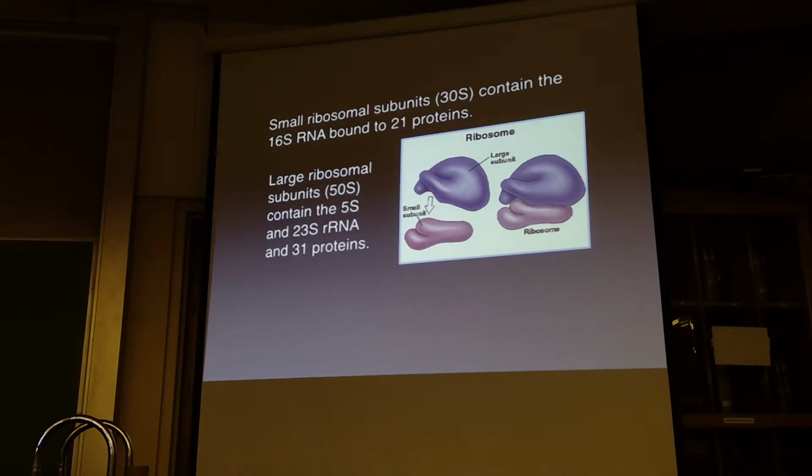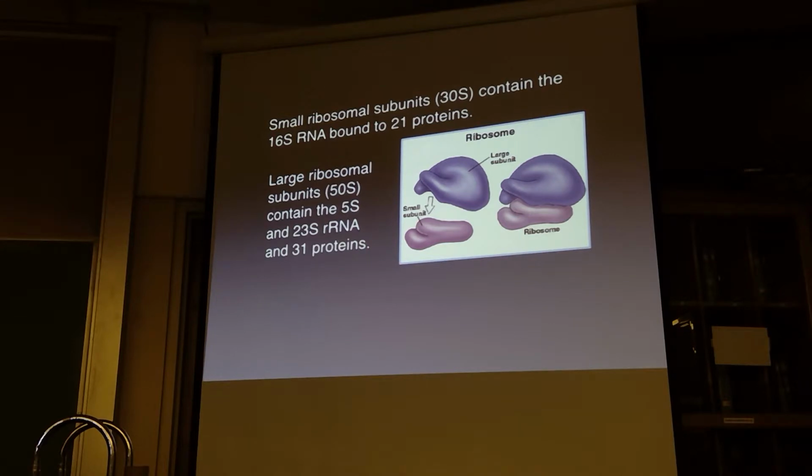The larger subunit is made up of the two other RNA types, so the 23S and the 5S are jointly there. Another interesting thing about ribosomal RNA, there is an operon, which is a unit that controls the synthesis of ribosomal RNA, and all the genes encoding the ribosomal RNAs are on the same operon, so they're all regulated together.